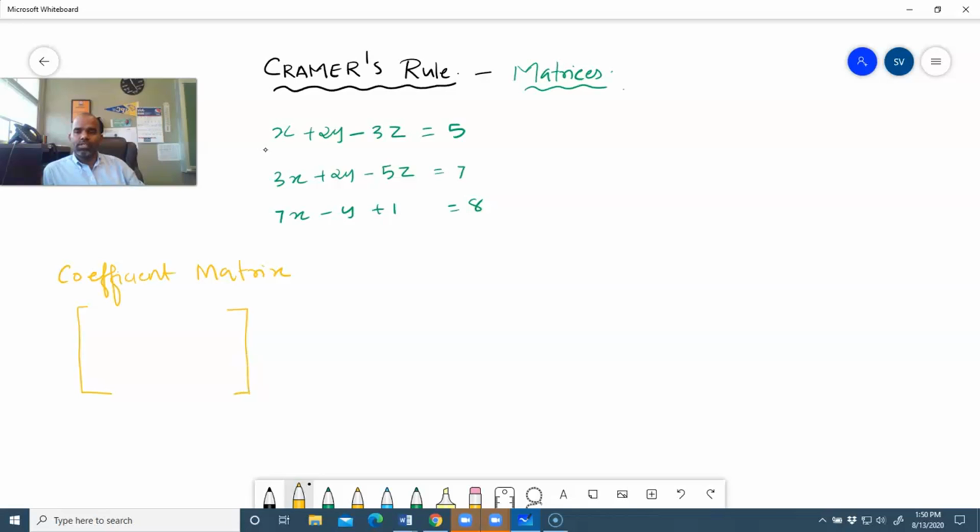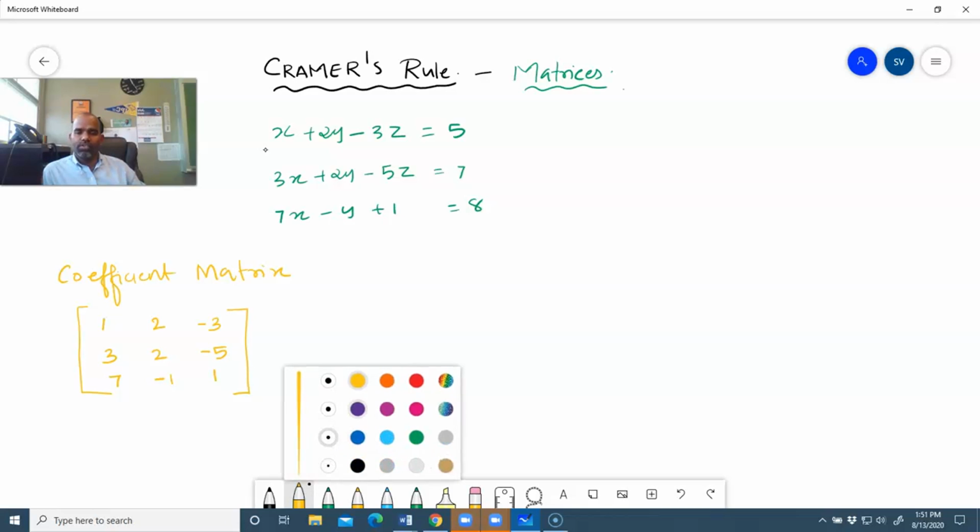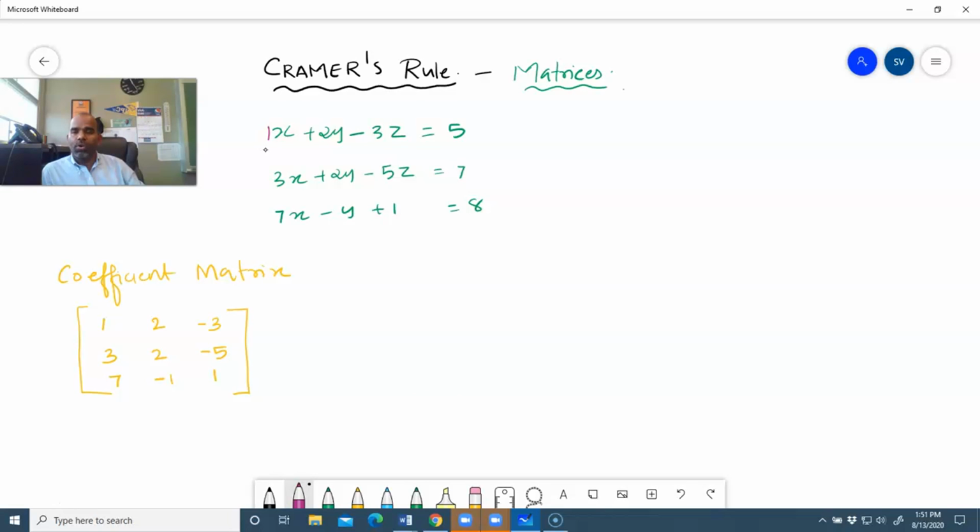So here it is 1, 2, negative 3, 3, 2, negative 5, 7, negative 1, 1. I hope you understand where I got these points. These elements are the coefficients. Coefficient means the number written with the variable. So with x we have a coefficient 1. If no number is written with a variable, its coefficient is 1.